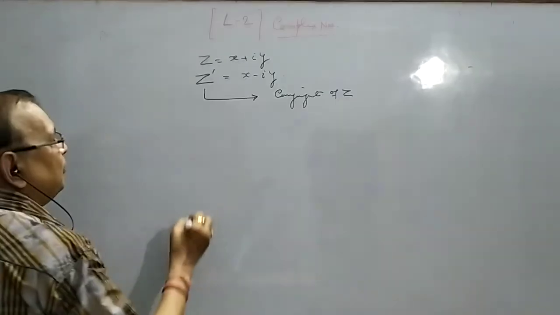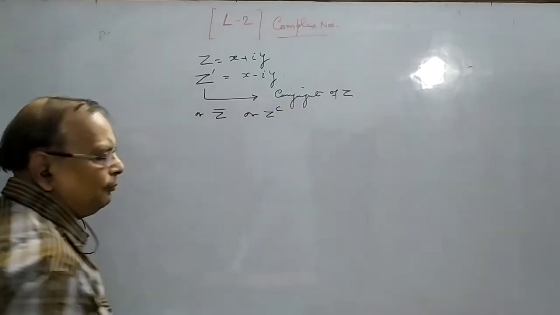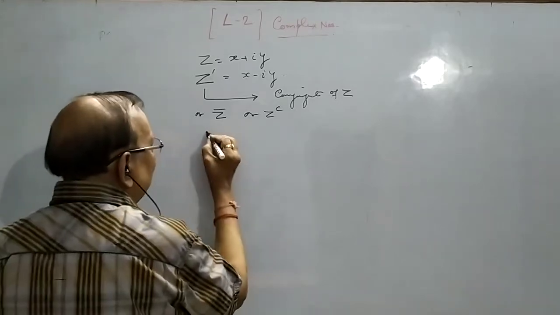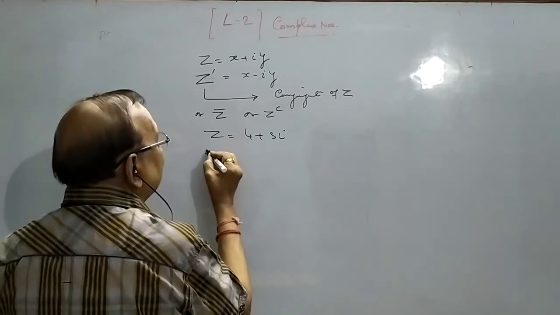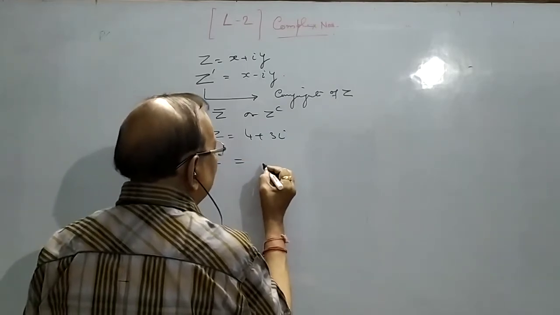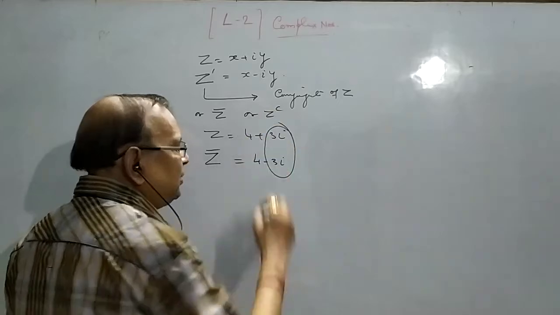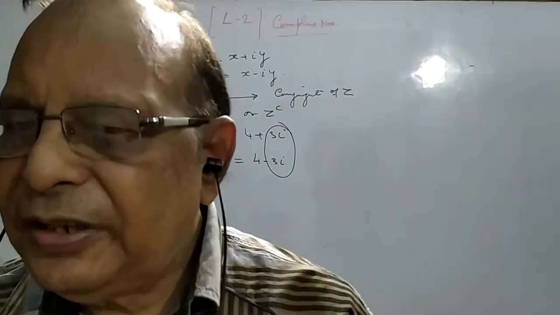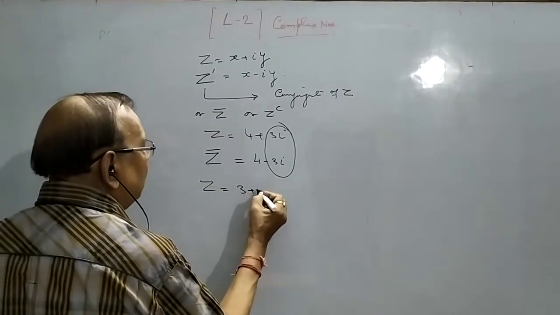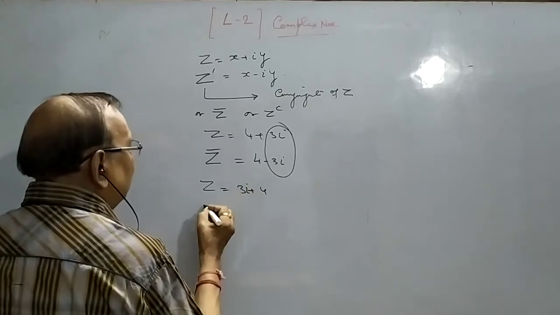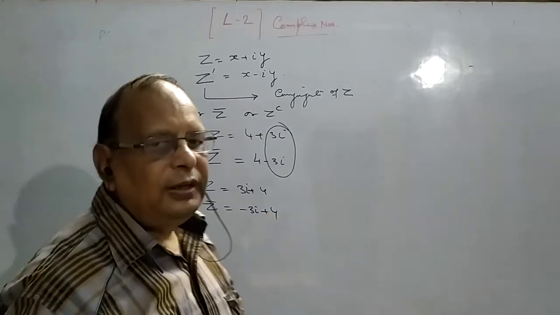And we represent it by z dash, or z bar, or sometimes zc. For example, if z is equal to 4 plus 3i, z dash or z bar or zc will be 4 minus 3i. Remember, we have to make the sign opposite of what is imaginary, not real. If I write z is equal to 3i plus 4, so z conjugate will be minus 3i plus 4. The real part will not change.